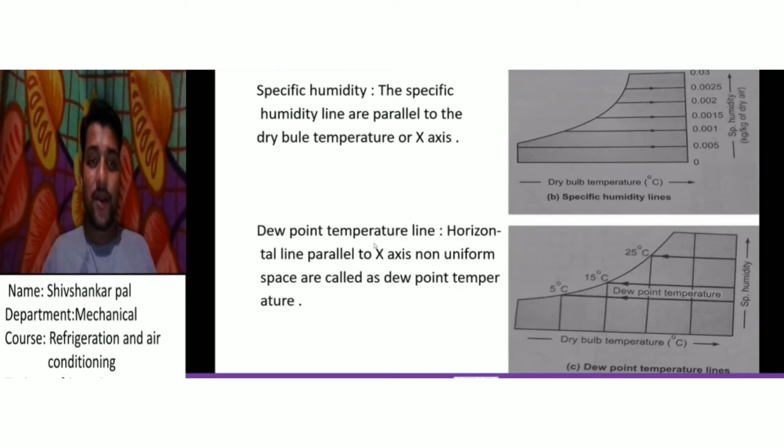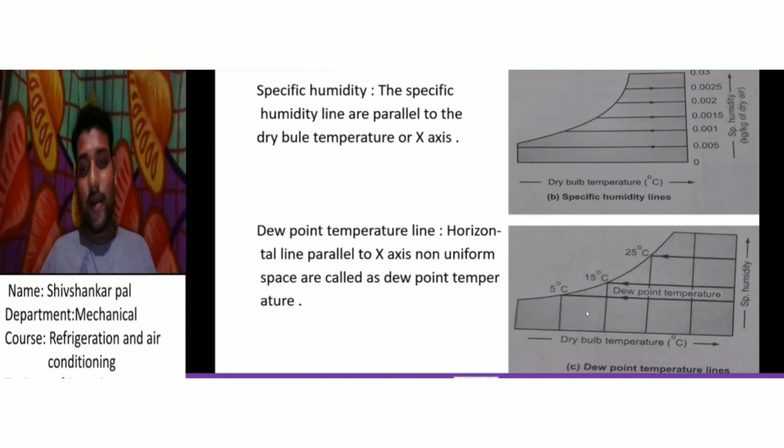Dew point temperature line. What is the dew point temperature? A horizontal line parallel to the x-axis, with non-uniform spacing, is called the dew point temperature line.